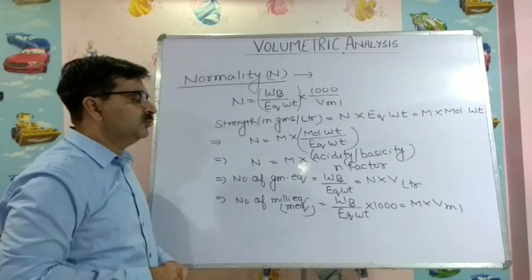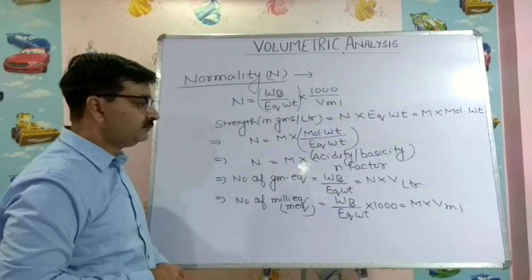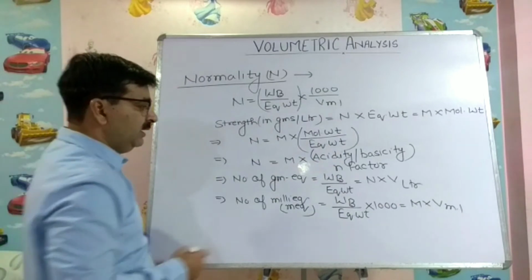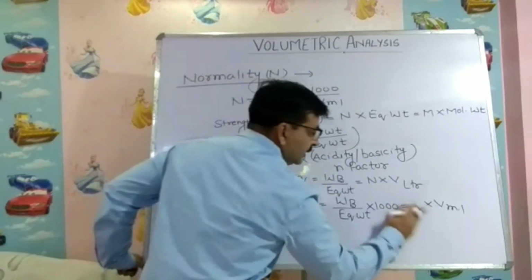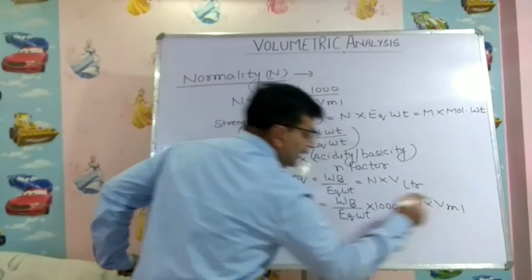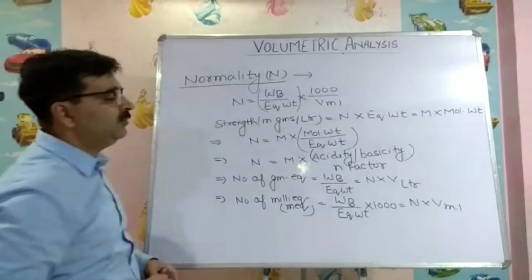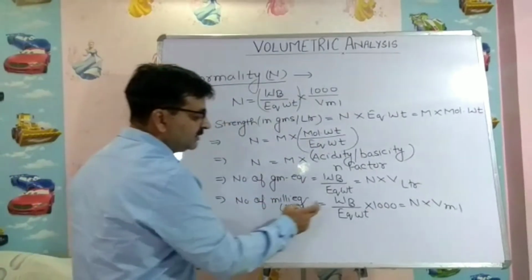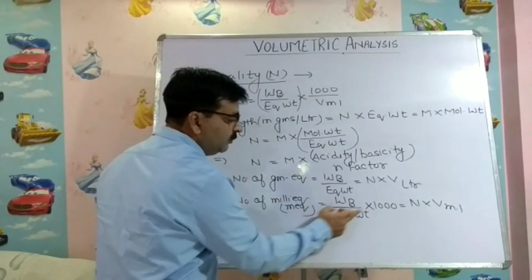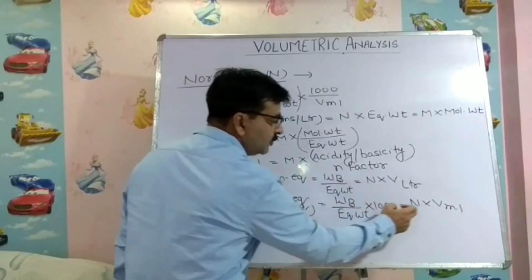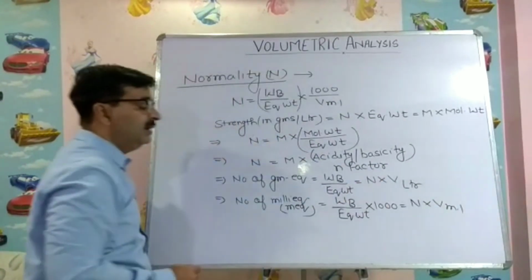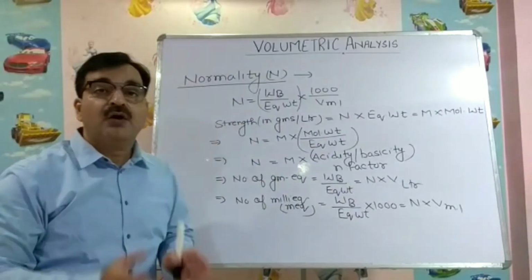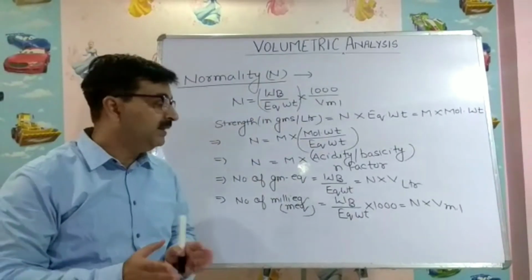So in this way, we get N into V mL, that is normality into volume of solution. So number of milli equivalents is equal to WB upon equivalent weight into 1000, is equal to N into V mL. This gives the concept of milli equivalents.